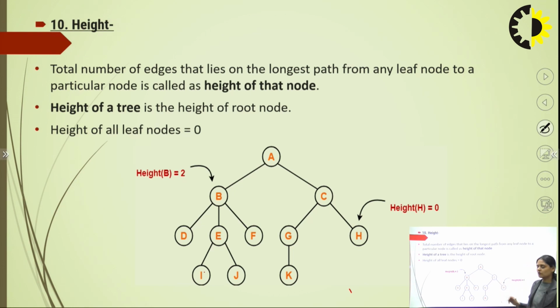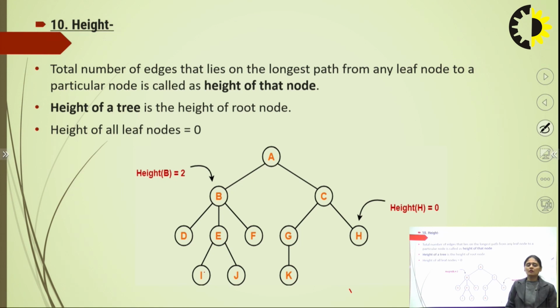Similarly, the height of H, as there is no child node, it is a leaf node. So it means that it is at 0. So the height of a leaf node is always 0. So height of K is 0, height of F is 0, height of I, J, D is all 0. So height of all leaf nodes is 0.